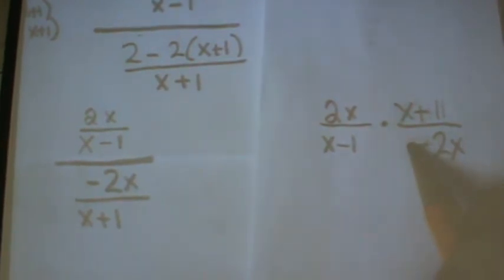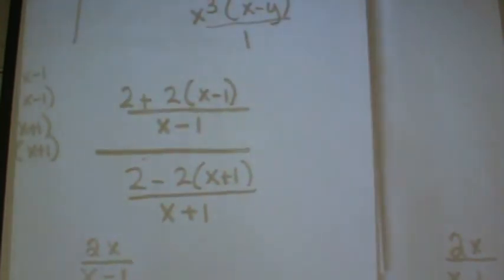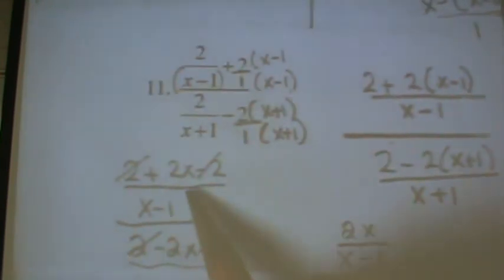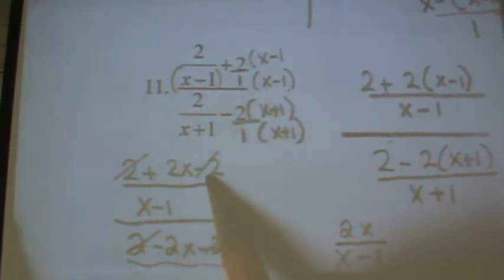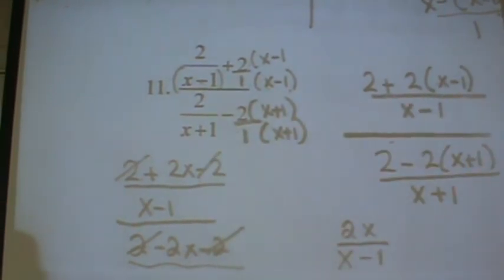Can I ask you a question? Yes. How did you cancel out the other 2's? It was 2 minus 2x minus 2, right? We just combine like terms. So it would be 0, so those cross off, right? Yeah. Okay. So it's just x plus 1 over negative 2x. The x's cancel, right?